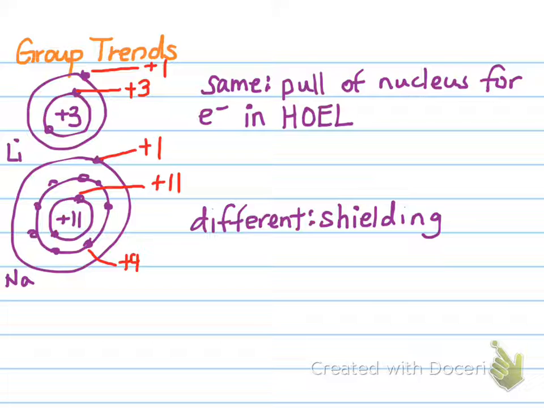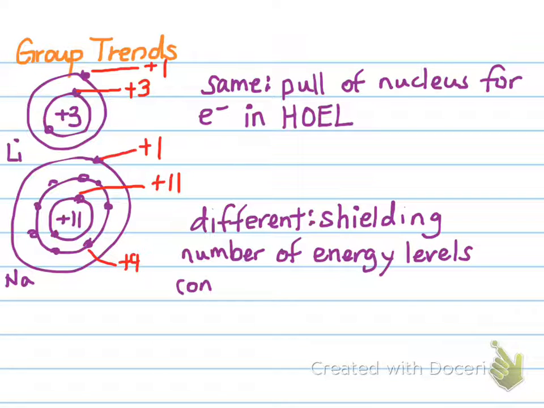So, the other thing that is different is, right, the number of energy levels. So, in lithium, we have 2 energy levels. In sodium, we have 3. So another thing that's different is the number of energy levels containing electrons.